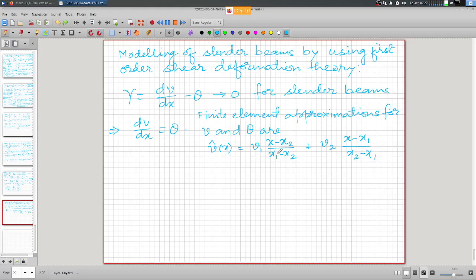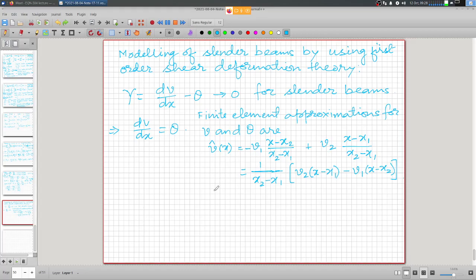Rewriting, this is equal to 1 over x2 minus x1 times v2 multiplied by x minus x1 minus v1 multiplied by x minus x2.